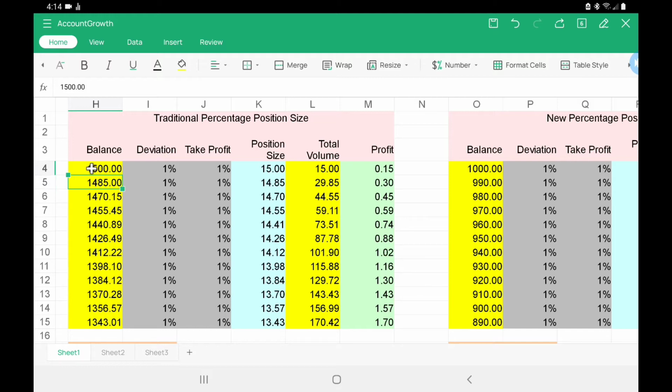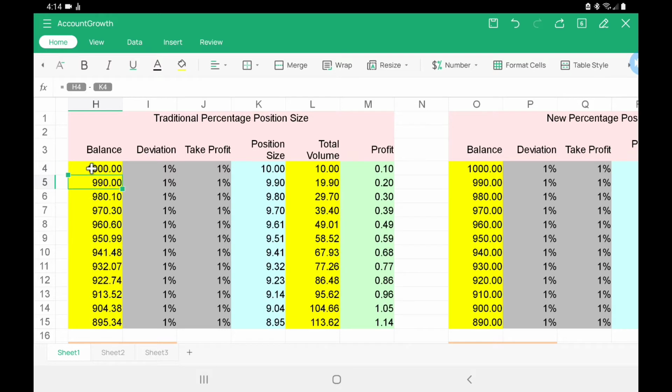So let's put it back to the $1,000. And now let's add the $1.14 to see what would happen next. So 1001.